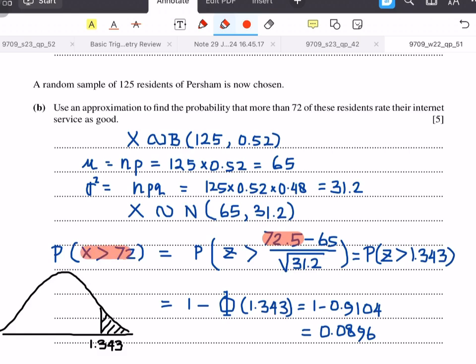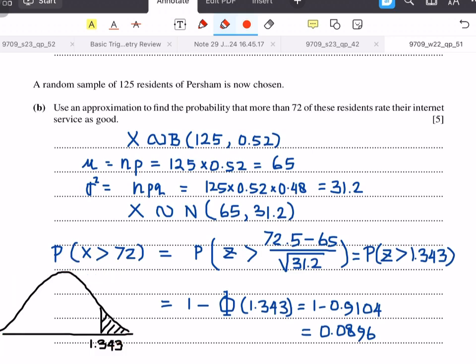So P(X greater than 72) becomes 72.5 after being corrected. So 72.5 minus 65 over square root of 31.2. So this one, P(Z greater than 1.343). So this is the diagram.